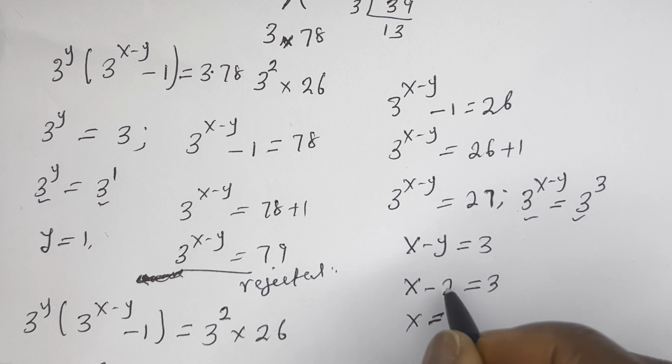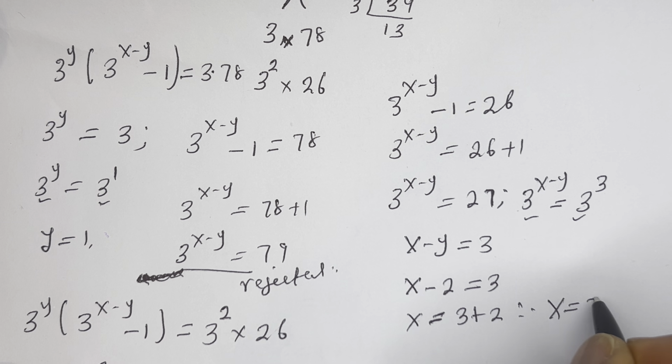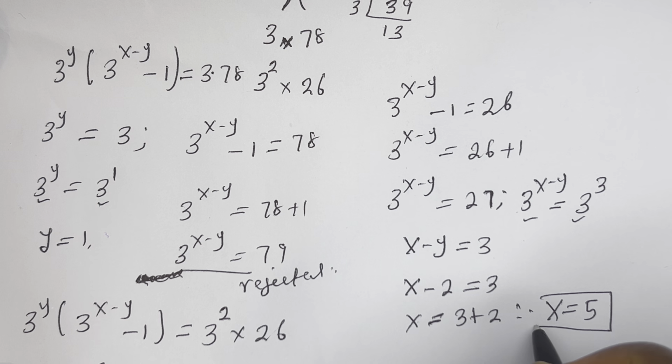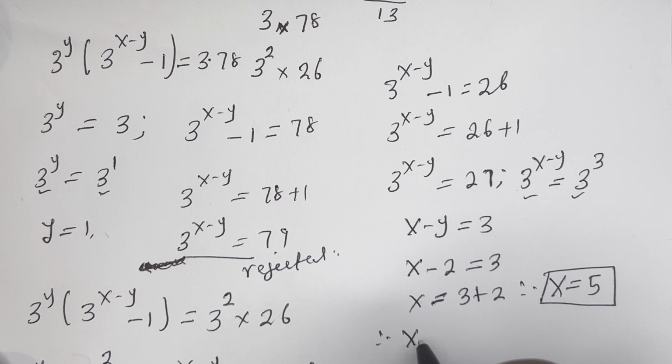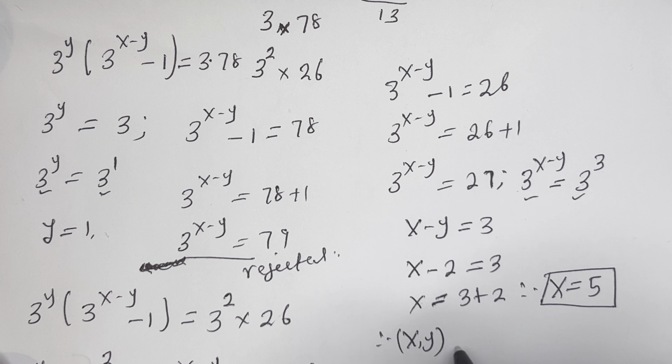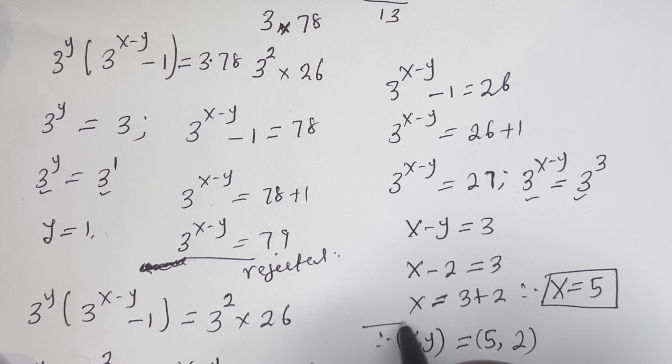X is equal to 3 plus 2. Therefore, x is equal to 5. This is the value of x. Therefore, our final answer is x comma y is equal to 5 comma 2. This is the final answer.